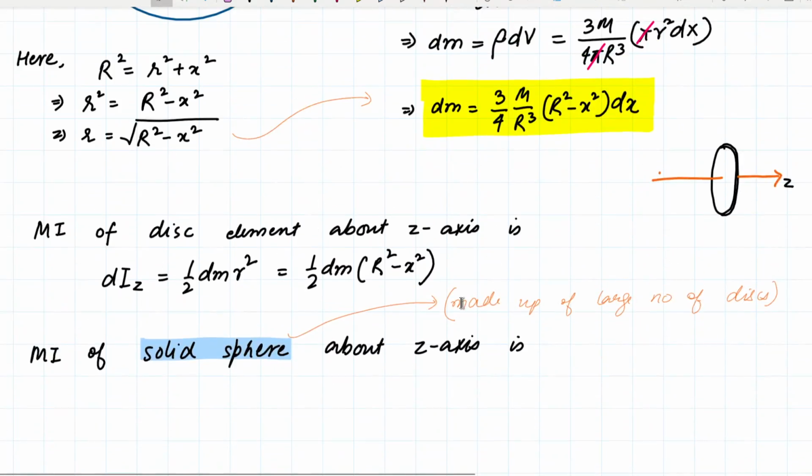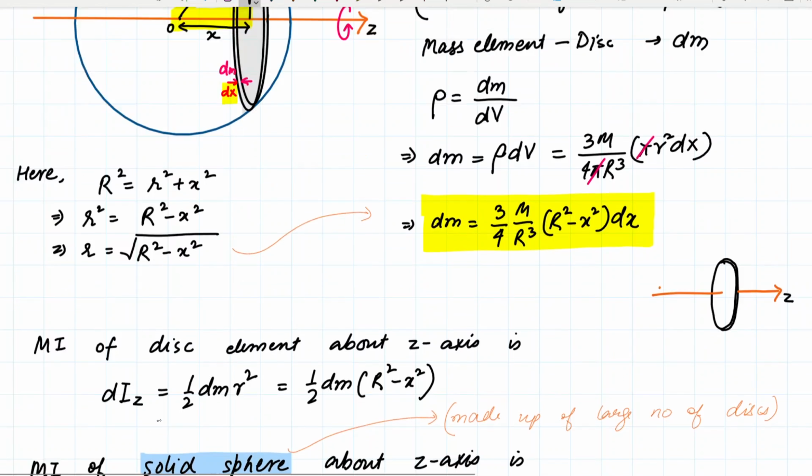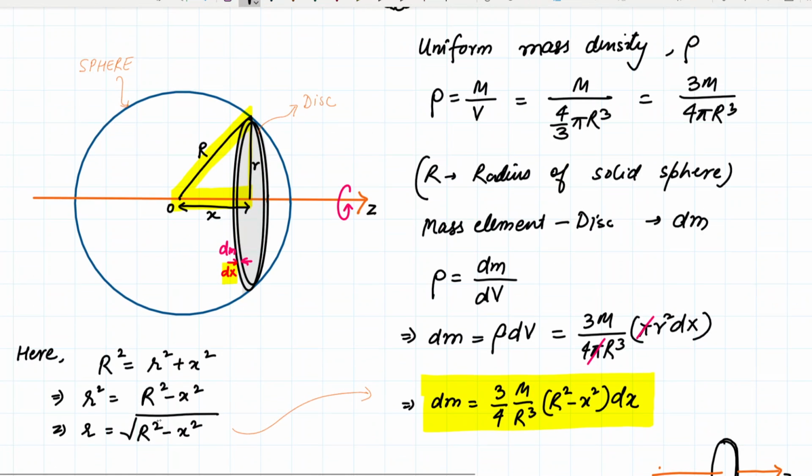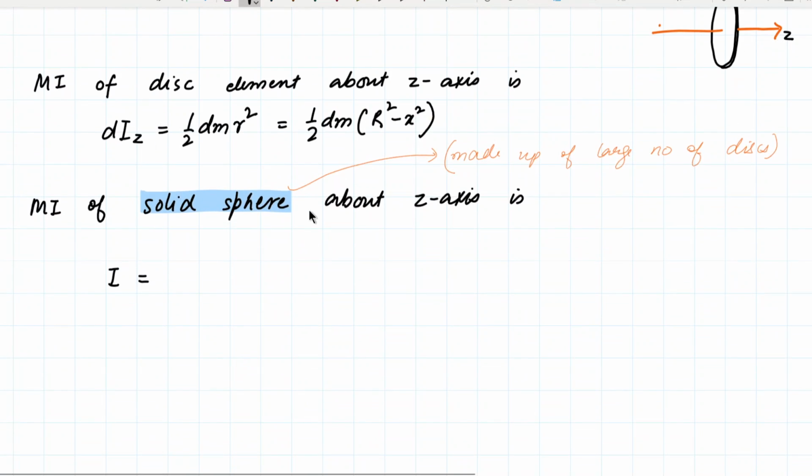So therefore the moment of inertia of the sphere, which is nothing but a collection of a large number of disks going from minus r to plus r, I can say that this is equal to integration of dm upon 2 into r square minus x square from minus r to plus r.